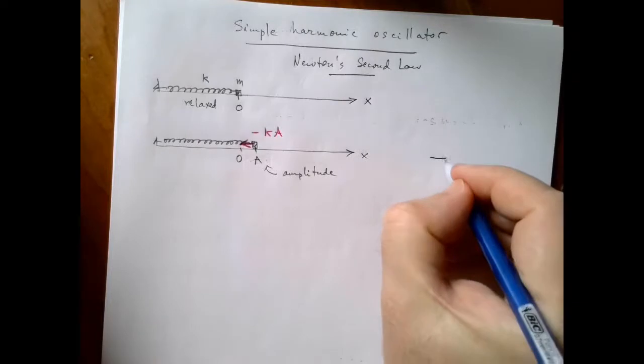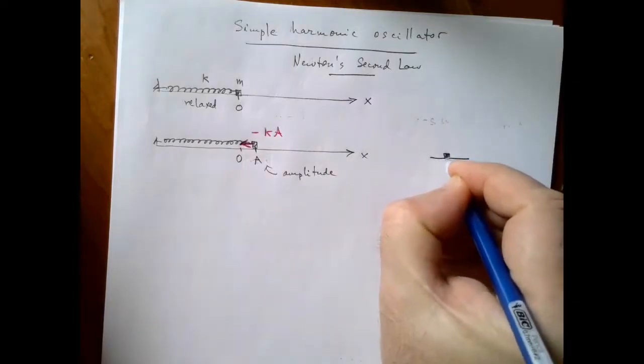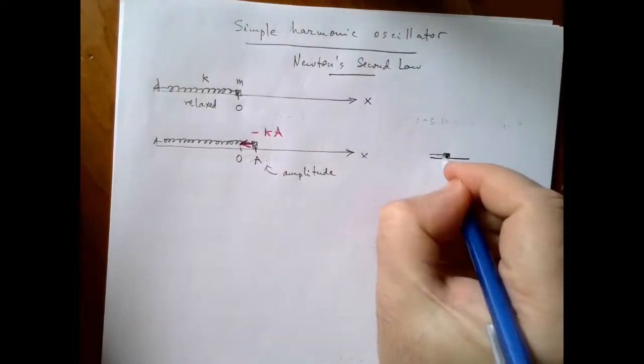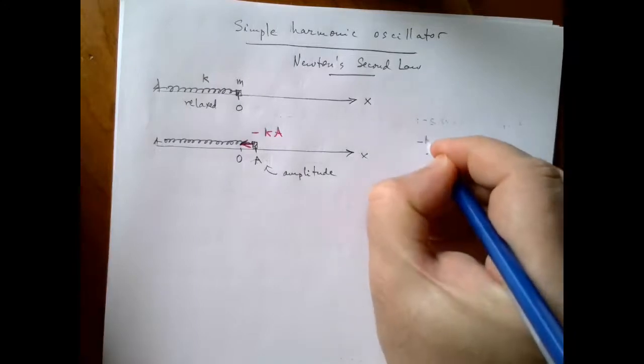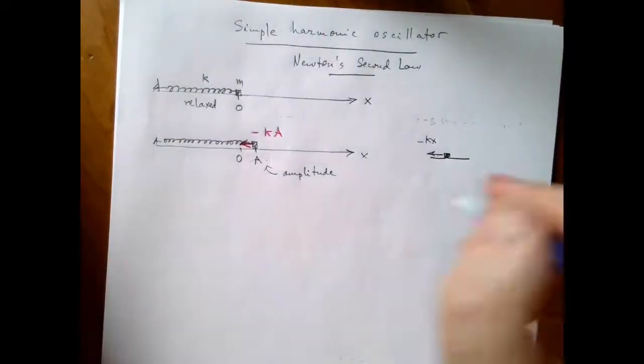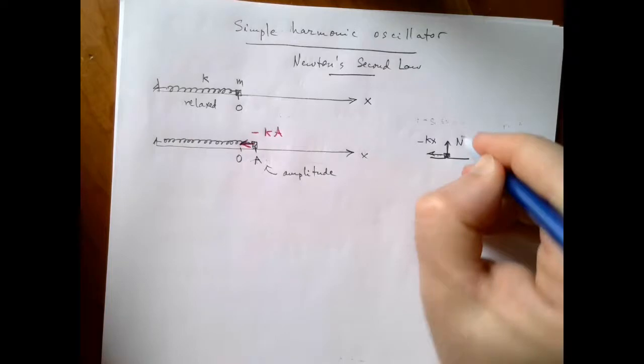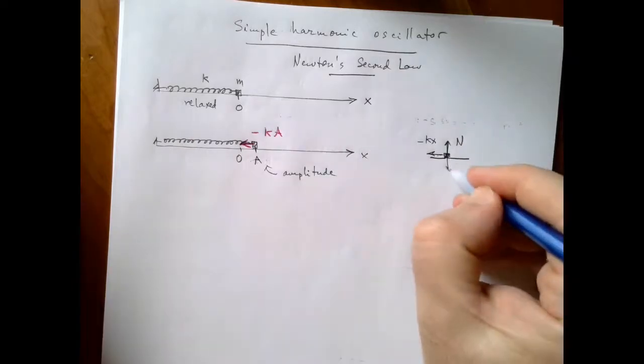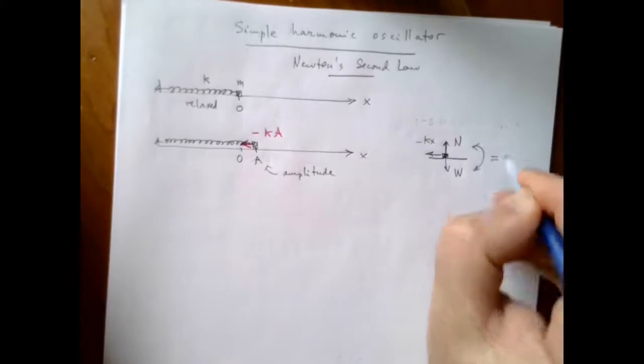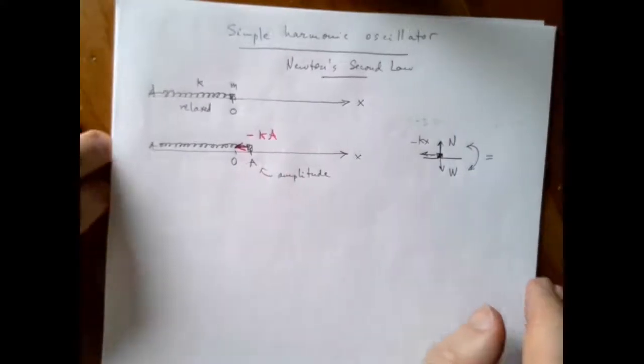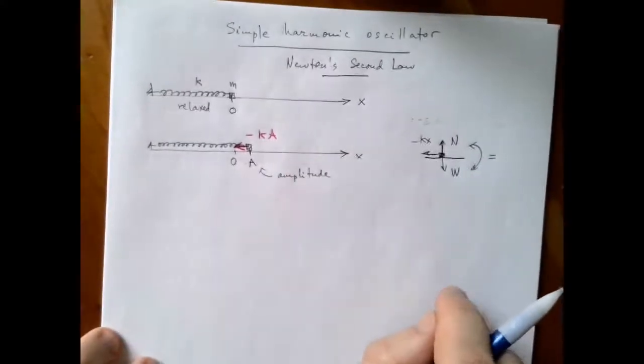At any given point during its motion, the object will experience three forces: negative kx, the normal force, and the force of gravity. The normal force and the force of gravity cancel out, and they will not play a role in this discussion.